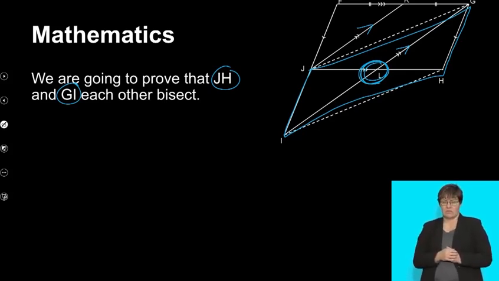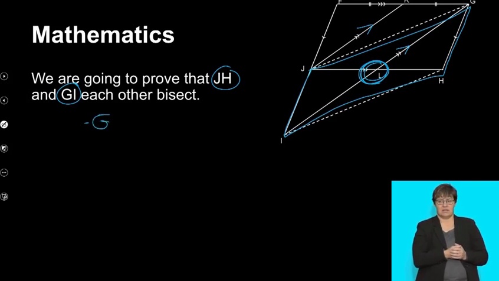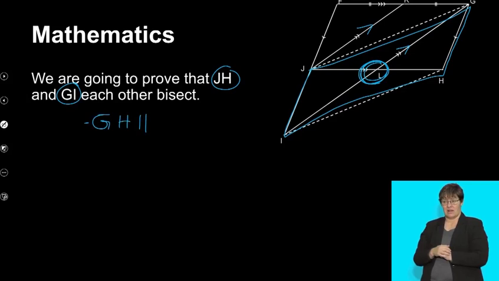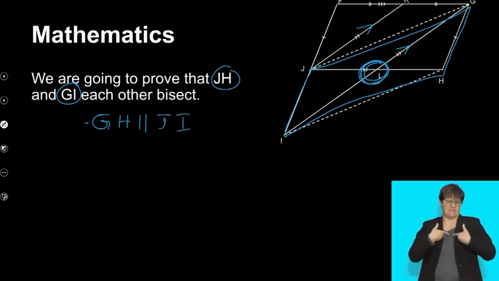So automatically, based on that, I will say, number one, I know that GH is parallel to JI, right? And that will be a given because it's a parallelogram.